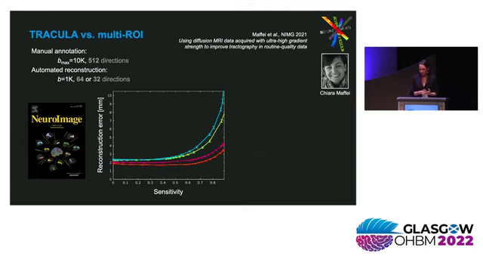The good news is that with both the Tracula and the multi-ROI approach, it is possible to reach very high sensitivity, up to 89%, using these lower-end data when you compare the tracts to the manually annotated example from the high-end data.